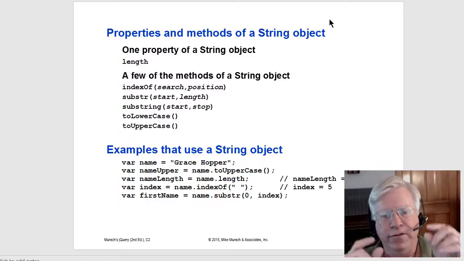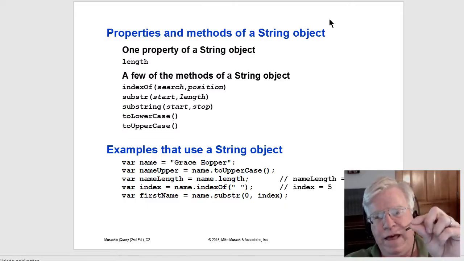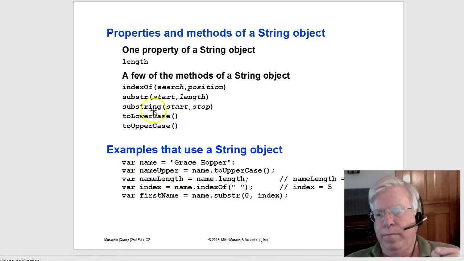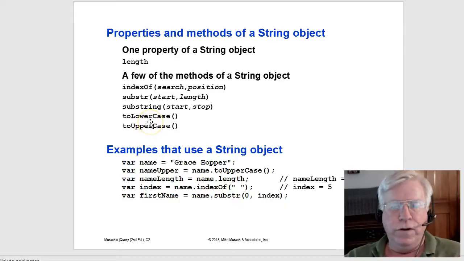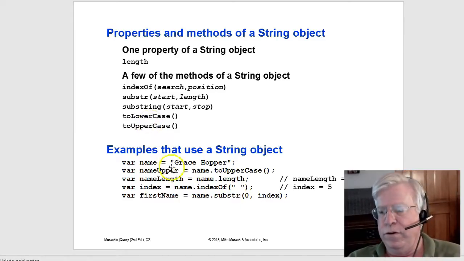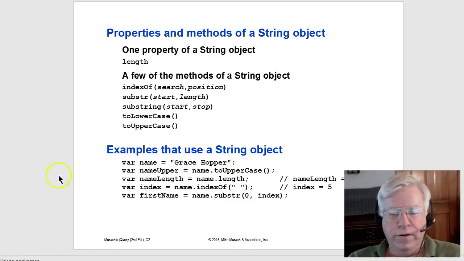A substring says get me from this point to that point, and toUpperCase or toLowerCase is how do I convert it to all uppercase or all lowercase. So there are some string functions listed there.